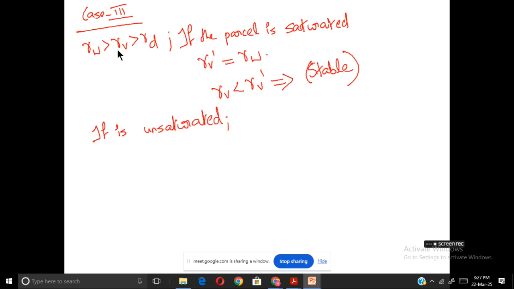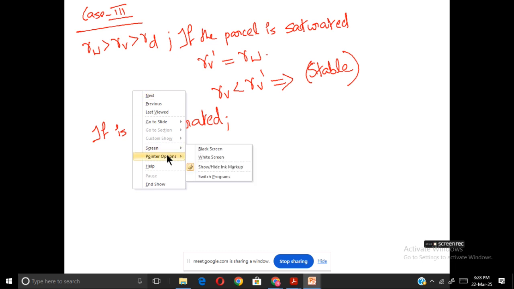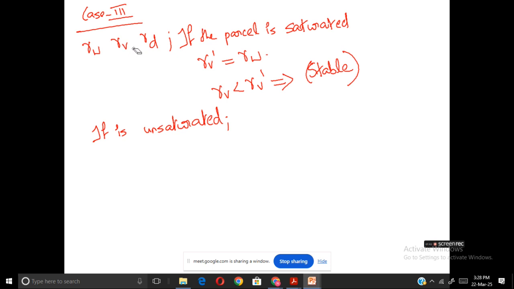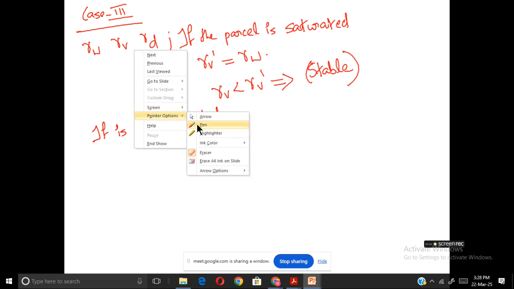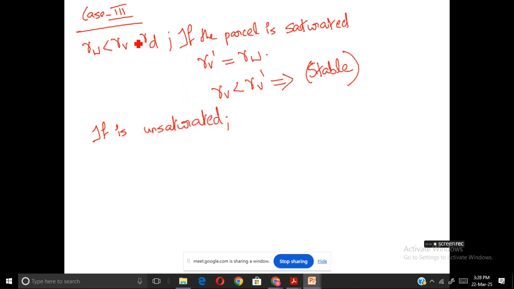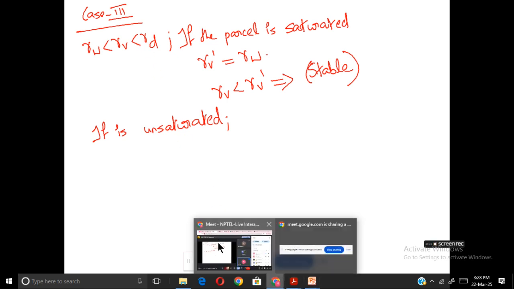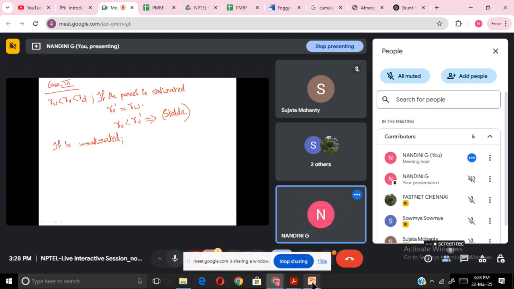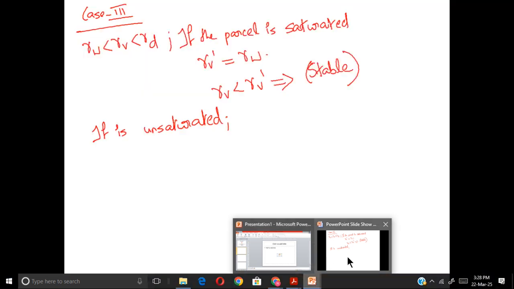So gamma W is less than gamma V, which is less than gamma D.